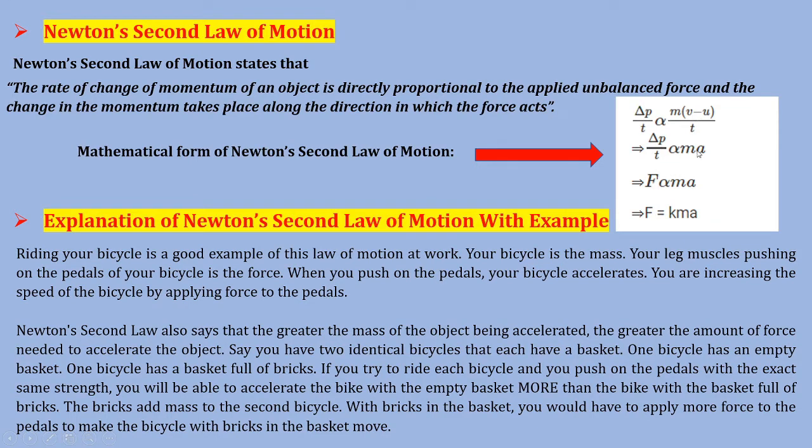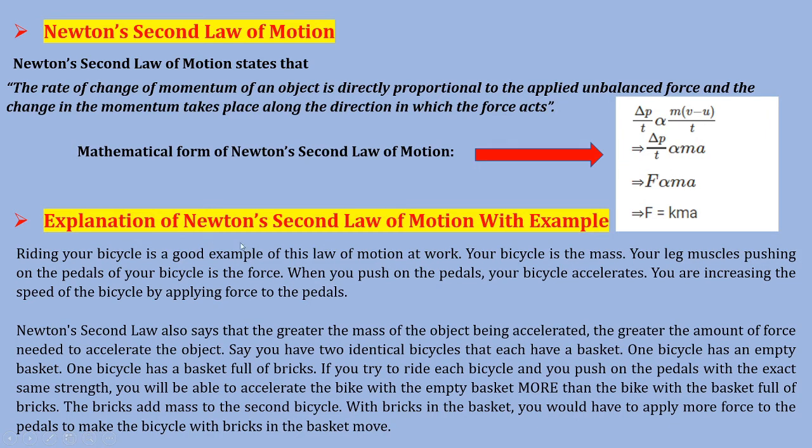Now v minus u by t is acceleration a. So we have rate of change of momentum proportional to m into a. Again, we got the rate of change of momentum is directly proportional to the applied force. If F is the force applied to the system, then F is proportional to m into a, or F equals kma. We will talk about this section later on.